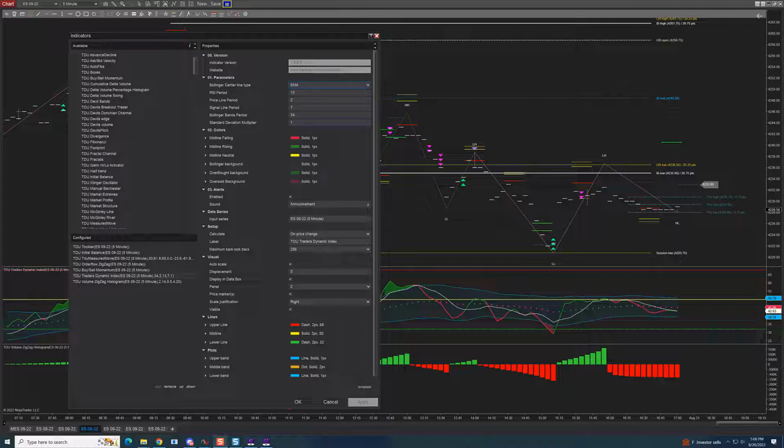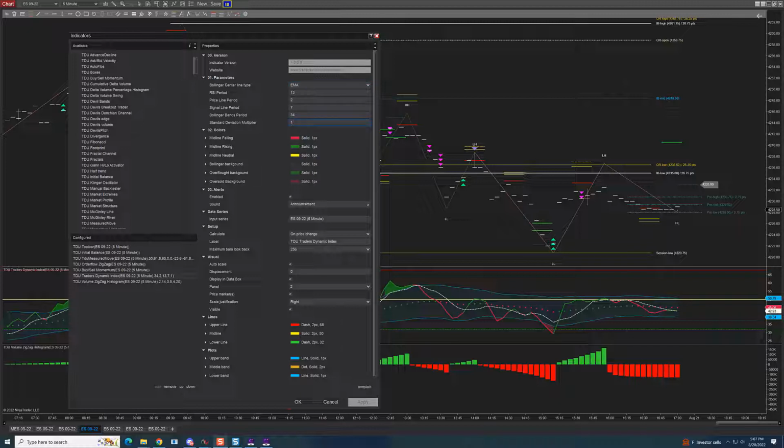The thing that will be most obvious here is the standard deviation multiplier. For smaller sizes, if you're down on the 2 minute, 2,000 tick, maybe 1,000 volume, you might want this set a little bit higher. I think the default is either 1 or 2, but of course you can play with this.